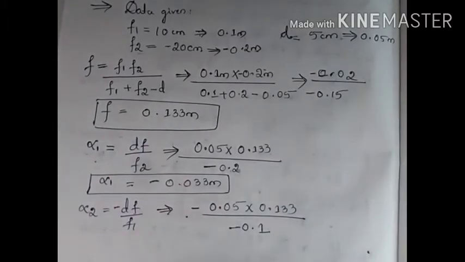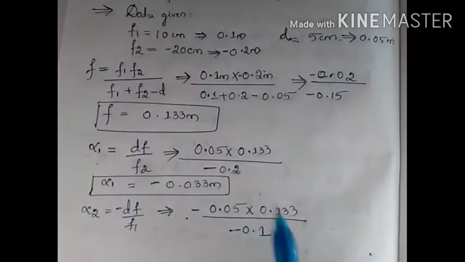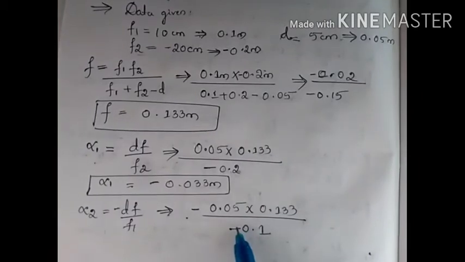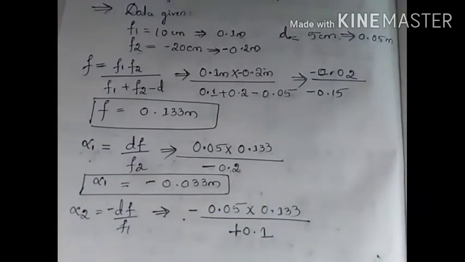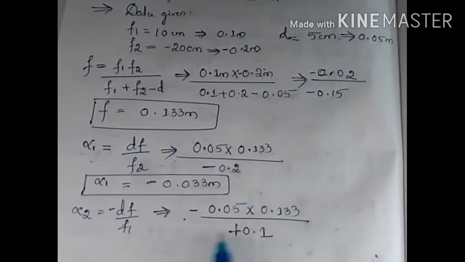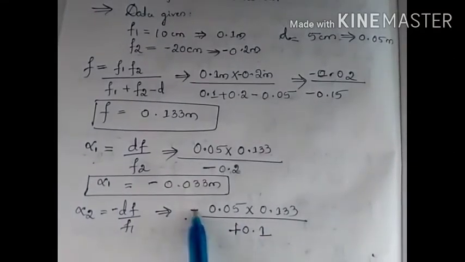So minus minus here. So this is not minus 0.1, this is plus 0.1. So here it is minus 0.2. So minus minus will not get cancelled. There is only one minus here.